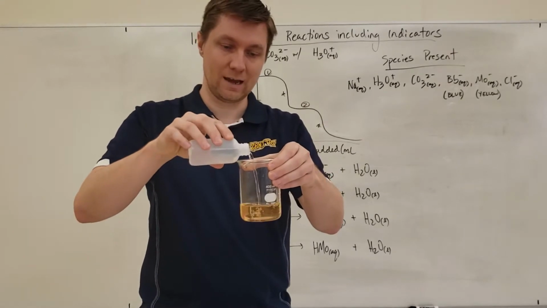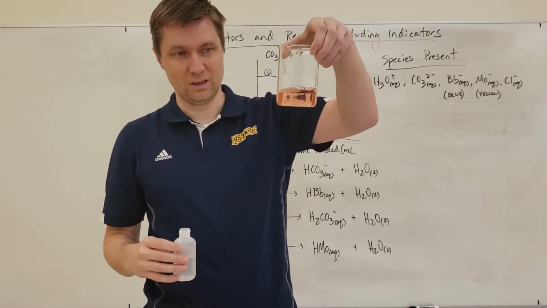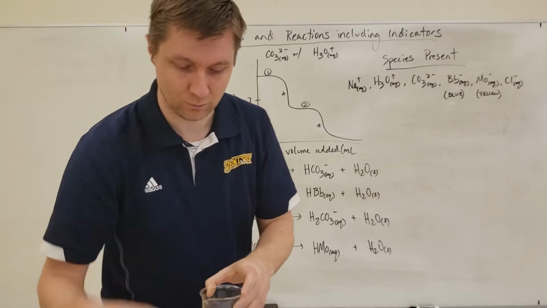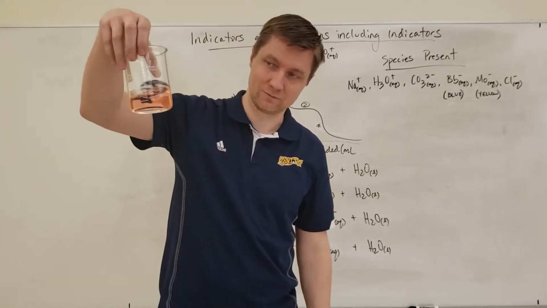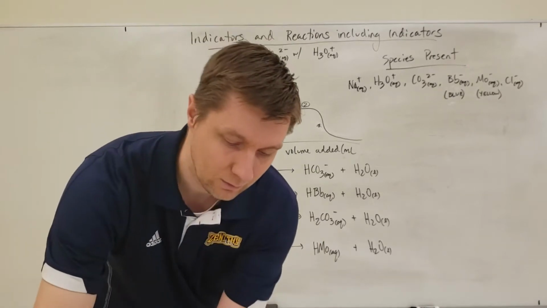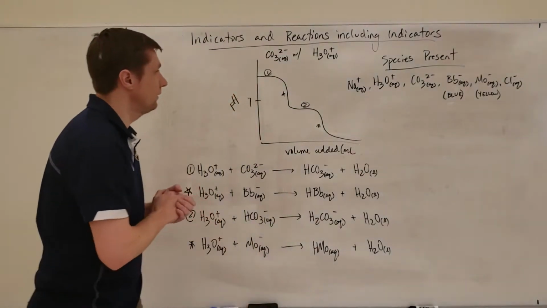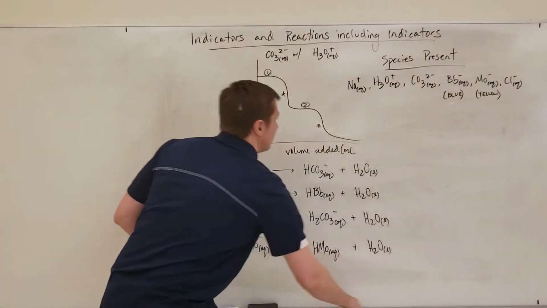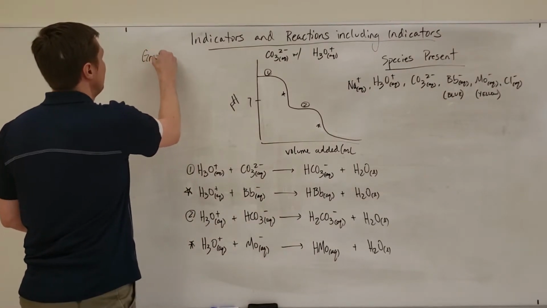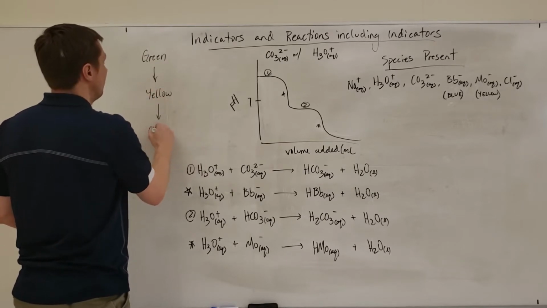And then if I continue to add, then I go a little bit more pinkish, sort of orange color is really what we're shooting for here. And sometimes these colors of these indicators are a little bit off, but anyways, that's the orange that we were hoping to get. So if I write this down, this was the color change that we observed. We saw it go from green to yellow to orange.